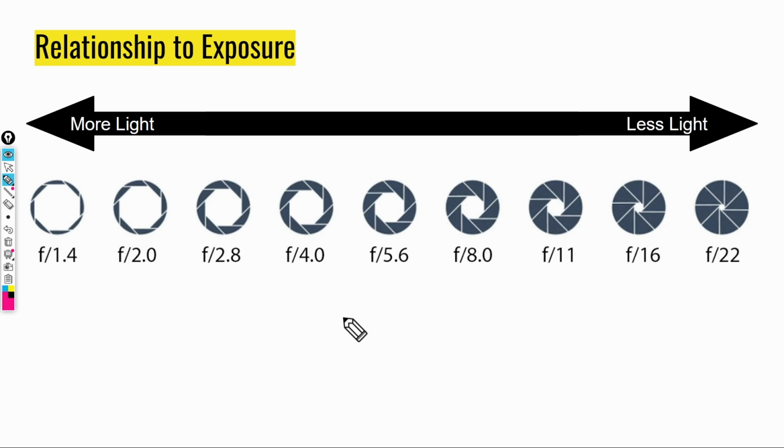Now, unlike shutter speed and ISO, because ISO is indexed in nice linear numbers. So 100, 200, 400. 200 is twice as bright as 100, 400 is 4 times as bright as 100, etc. And of course, shutter speed, let's say we have 1/60th of a second, and we go to 1/30th of a second, we're letting twice as much light, so this is 1 stop.